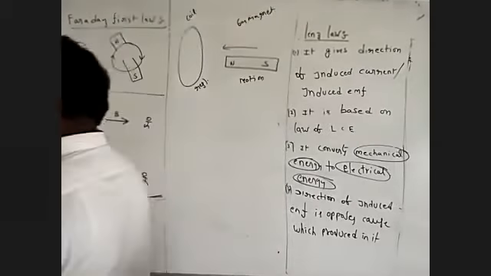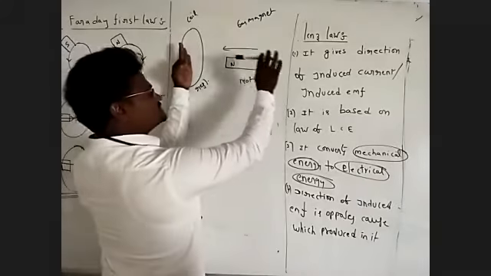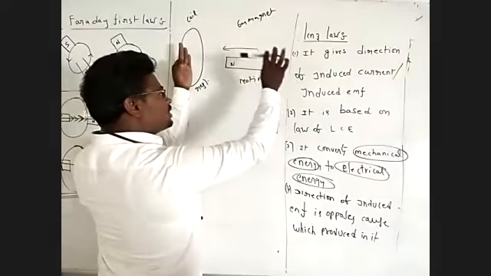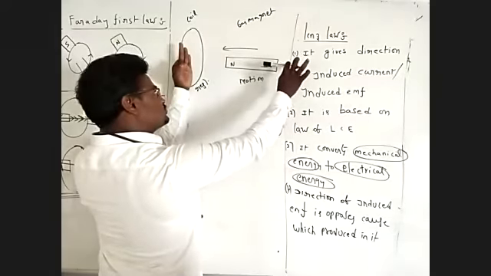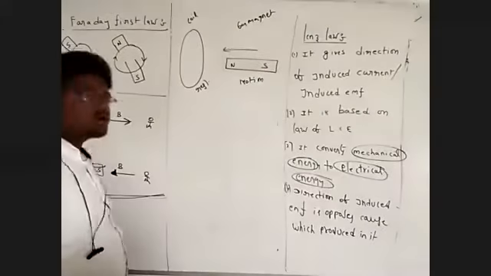So first of all, this coil is at rest. This bar magnet is in motion. The north pole of the bar magnet is moving towards the coil, increasing the flux lines linked with the coil.